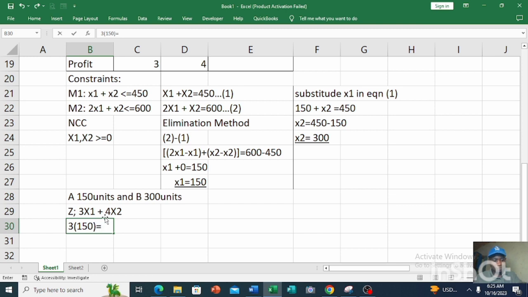plus 4 into 300. So 3 times 150 is 450, plus 4 times 300, 1200. So what will be the sum? Let me use the function.